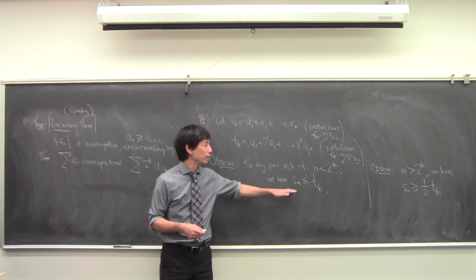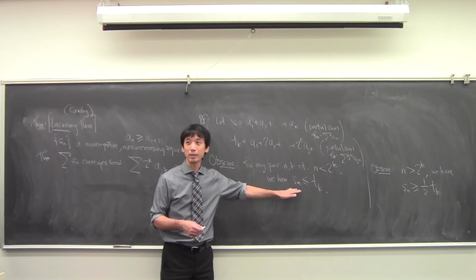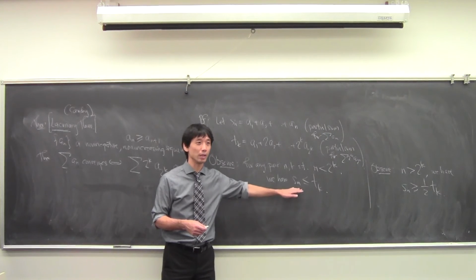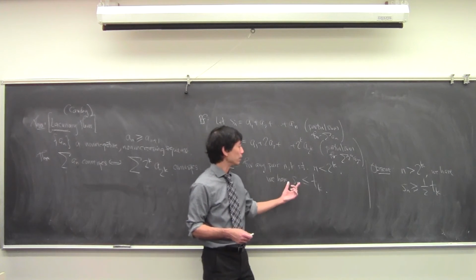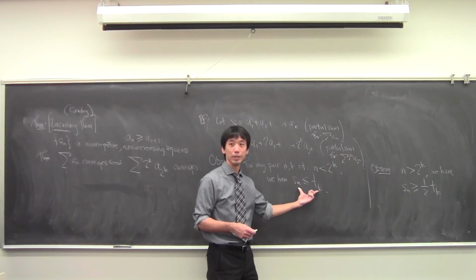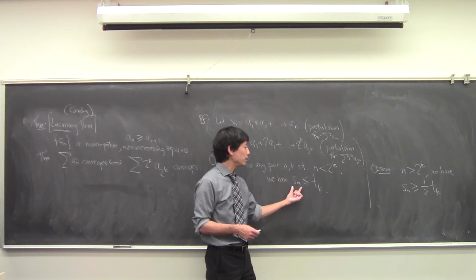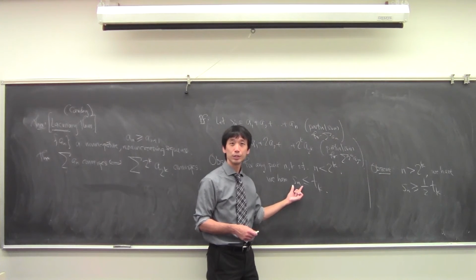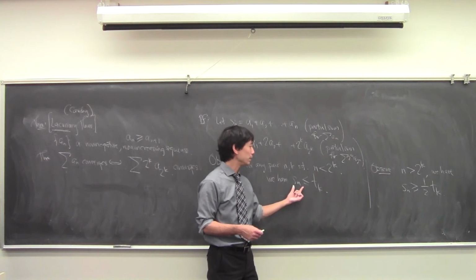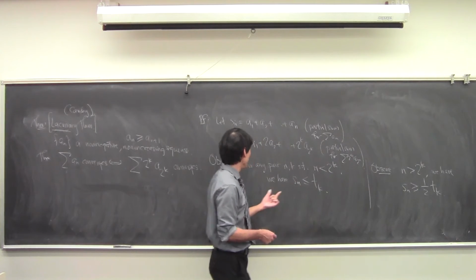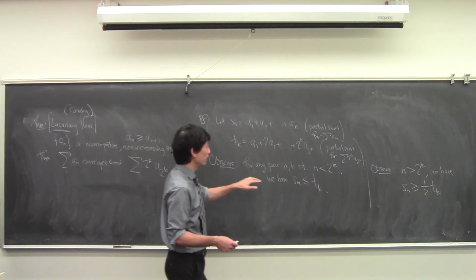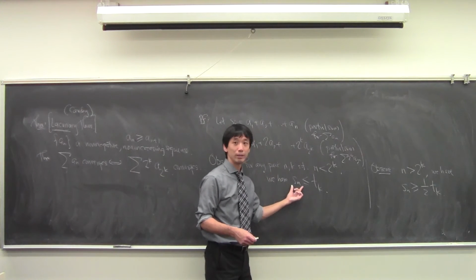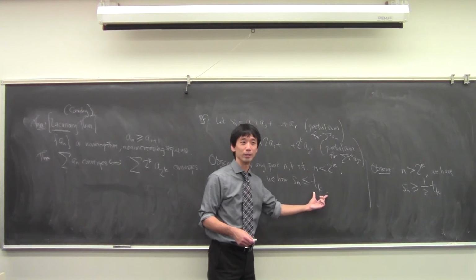Does everybody see why this makes the convergence of the series equivalent? Right? Look, if we have this relation, if the S of n's diverge, if these guys are unbounded, then the T sub k's are going to be unbounded.